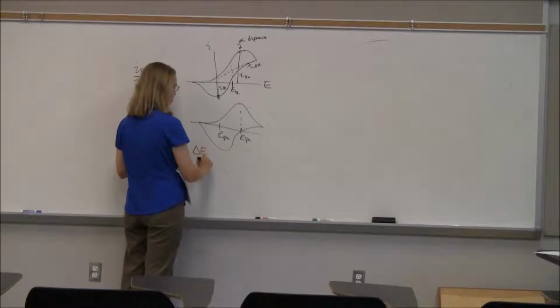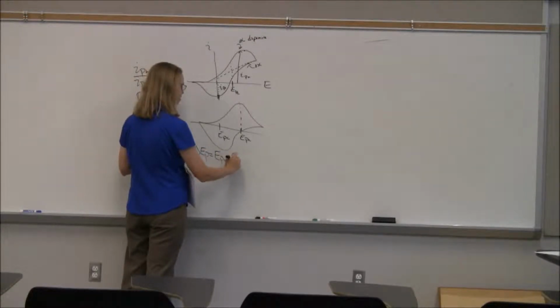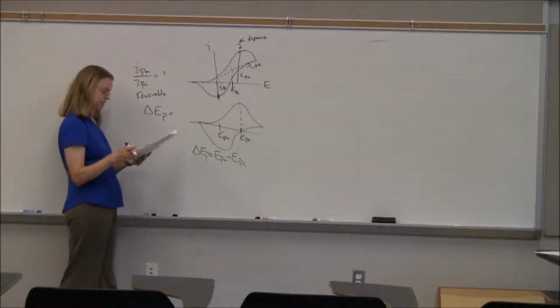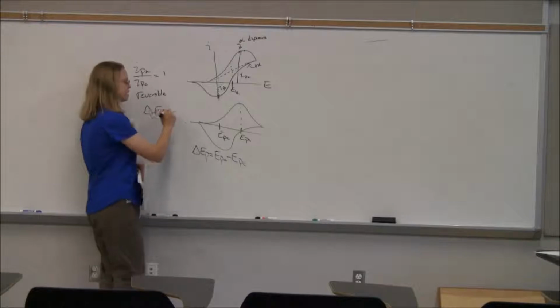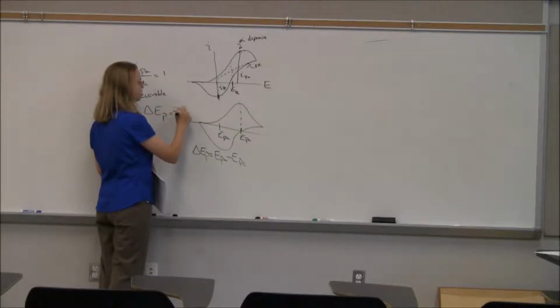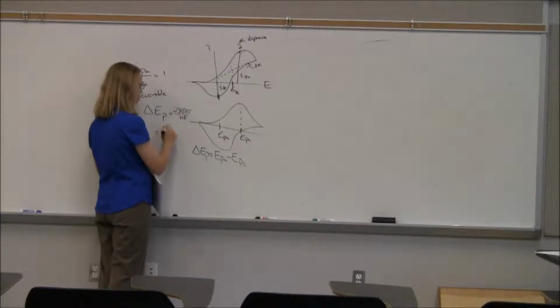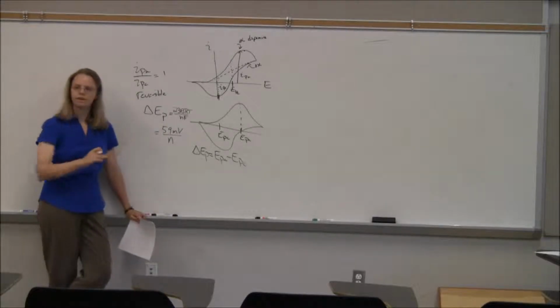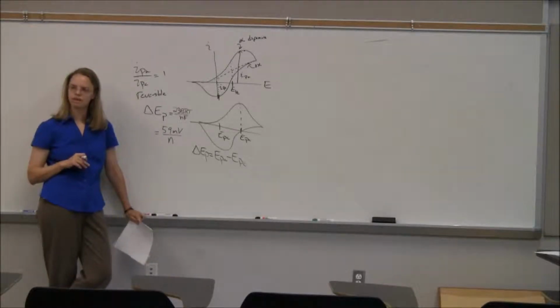Where we look at delta E peak is Epa minus Epc, so not anodic current minus cathodic current. So we look at that difference. It turns out that difference, again, ends up being this 2.303 RT over nF number, right, which we already learned is 59 millivolts. This is why we need to know it, because it should be 59 millivolts over n.